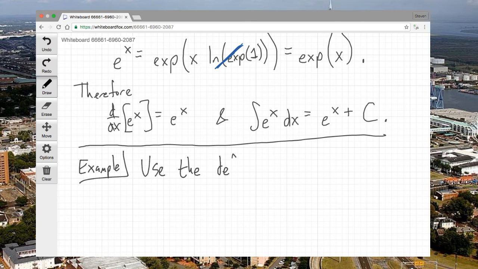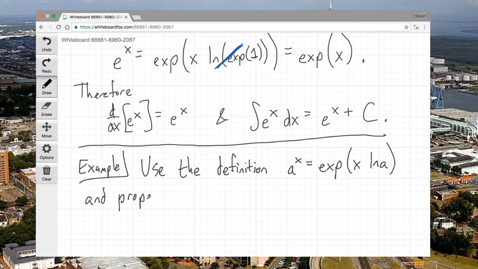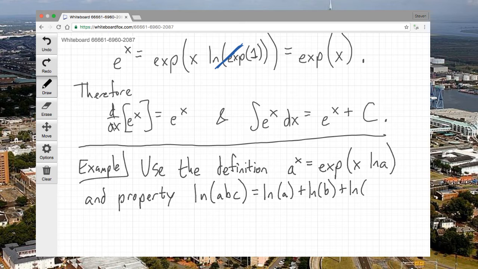Use the definition a to the x equals the exponential function of x times the natural log of the base a, and the property that the natural log of a times b times c is the natural log of a plus the natural log of b plus the natural log of c.